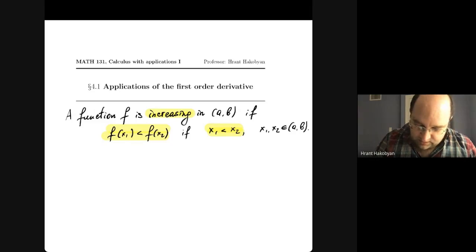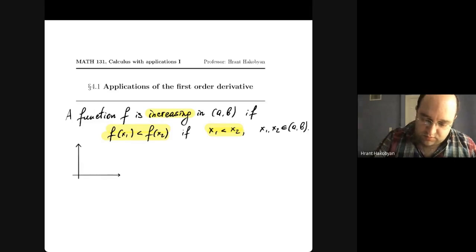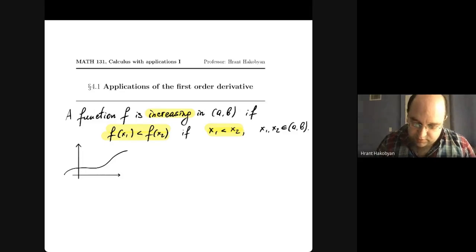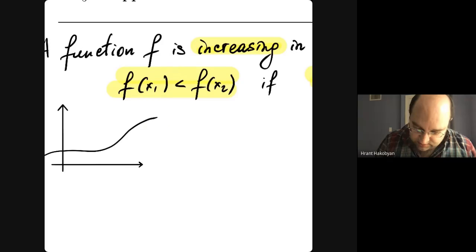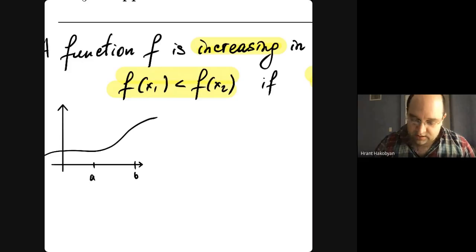So here we have some function, maybe like this, and let's pick any interval here. Let's say this is a and b. So this is my a and this is my b. And I'm going to pick 2 points, x1 and x2. So this is my x1, this is my x2.